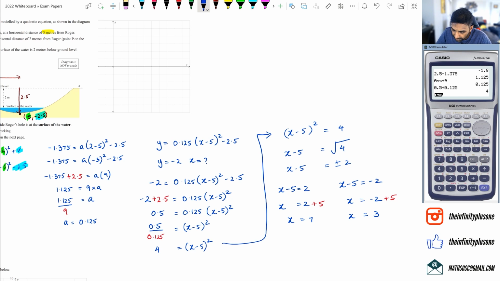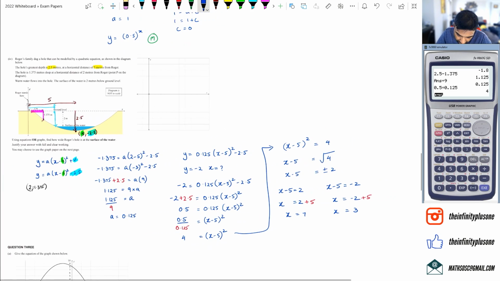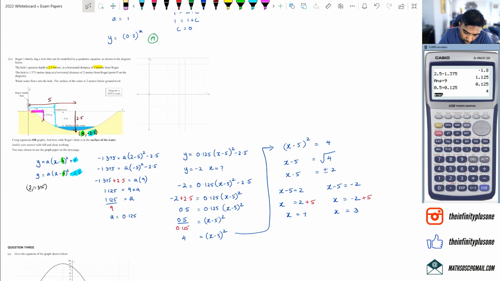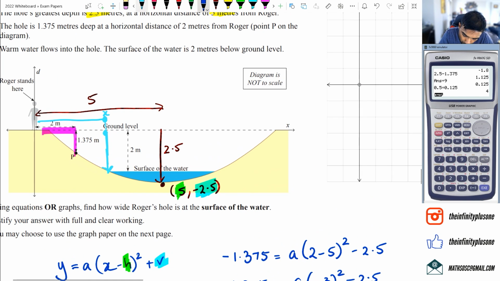Now, I've got two answers, and you might be wondering, how is that possible? Well, think about this. It is possible because there are 2 points when this water level is going to be at 2 meters high. The first one was the 7, and the second one was 3.